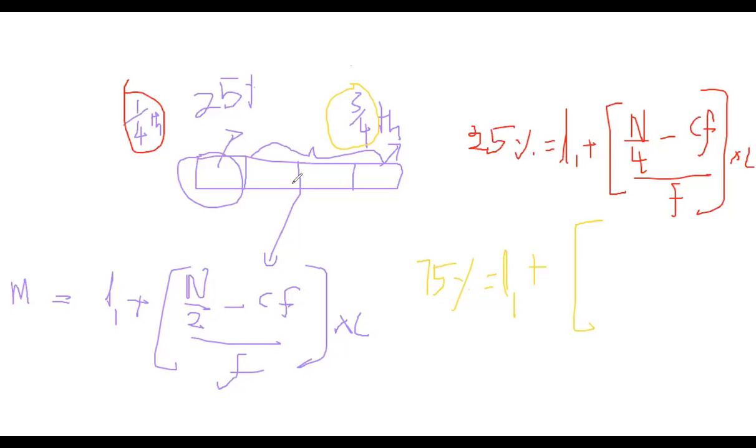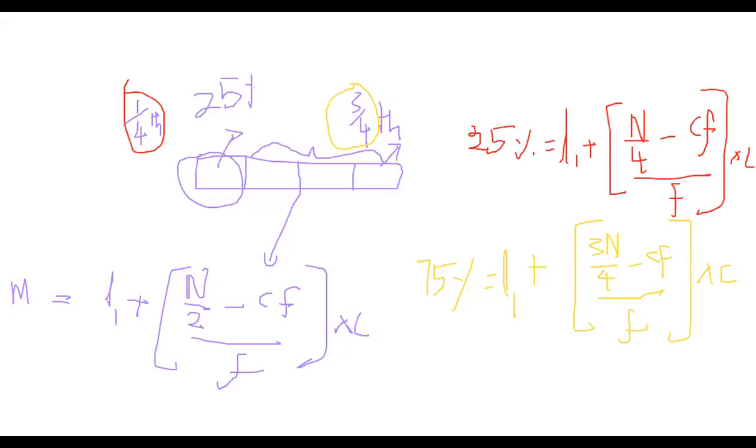So for the 75% median formula we use 3N divided by 4. Clear? So that is 3 capital N divided by 4 minus CF, divided by F, into C.